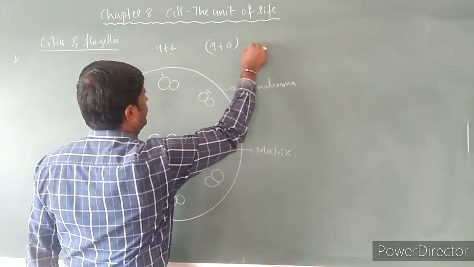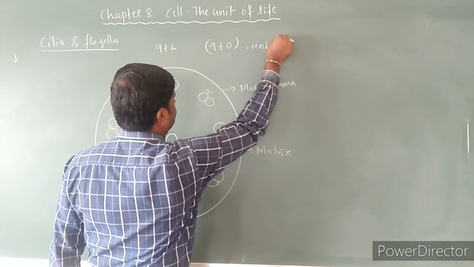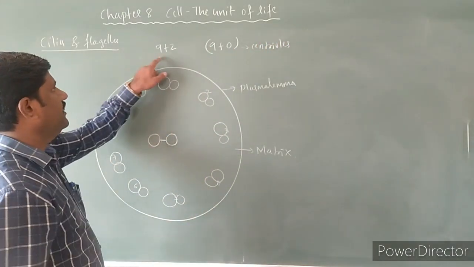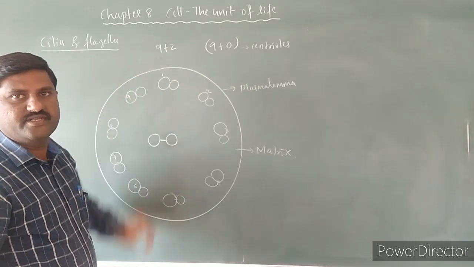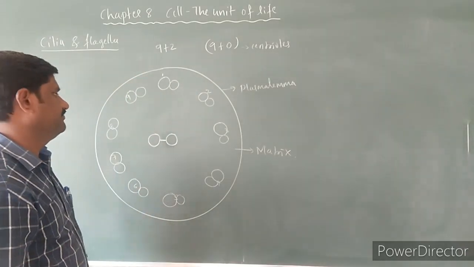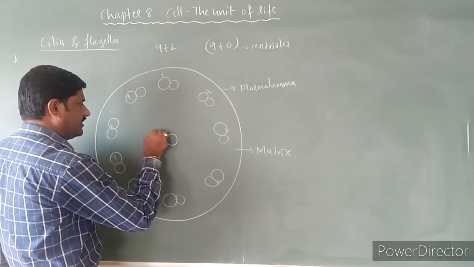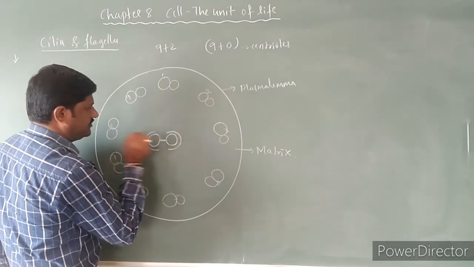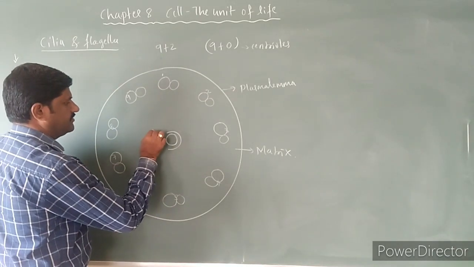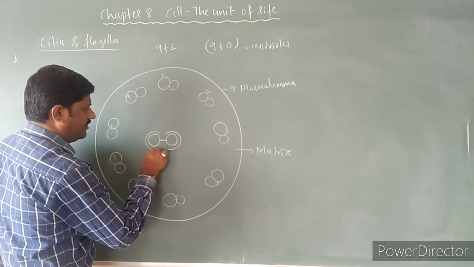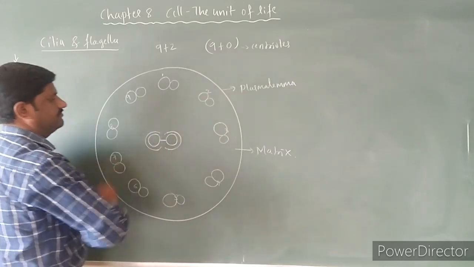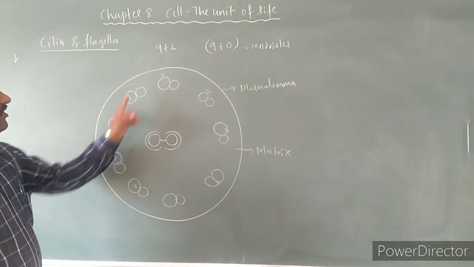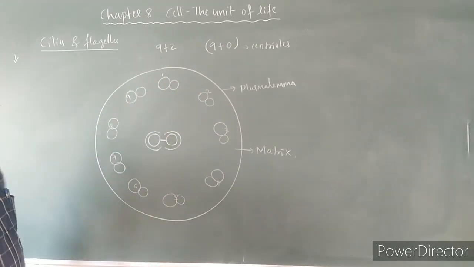In centrioles 9 plus 0, but in cilia and flagella 9 plus 2. The singlets are interconnected with a sheath, called the central sheath, and all these doublets are interconnected to it.